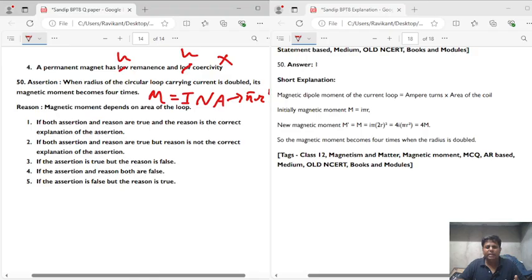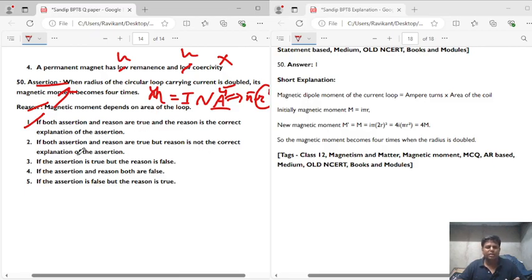So if we double the radius, the area will become 4 times, and that's what they are saying. So if the area becomes 4 times, the magnetic moment will also become 4 times. The assertion is correct. Magnetic moment depends on the area of the loop. Yes, it depends on the area of the loop. So the assertion is correct, the reason is correct, and the reason is the correct explanation of the assertion. So option 1: both assertion and reason are true, and the reason is the correct explanation of the assertion.